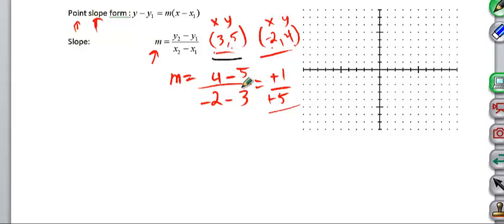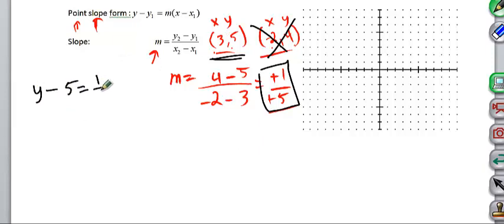So I'm going to go with the first one, which means I'm just going to cross out the second one. I don't even want to look at it anymore. So once we've decided on our point and our slope, we're ready to go. So we do y minus y1, 5 equals our slope, 1 over 5, x minus x1, which is 3.